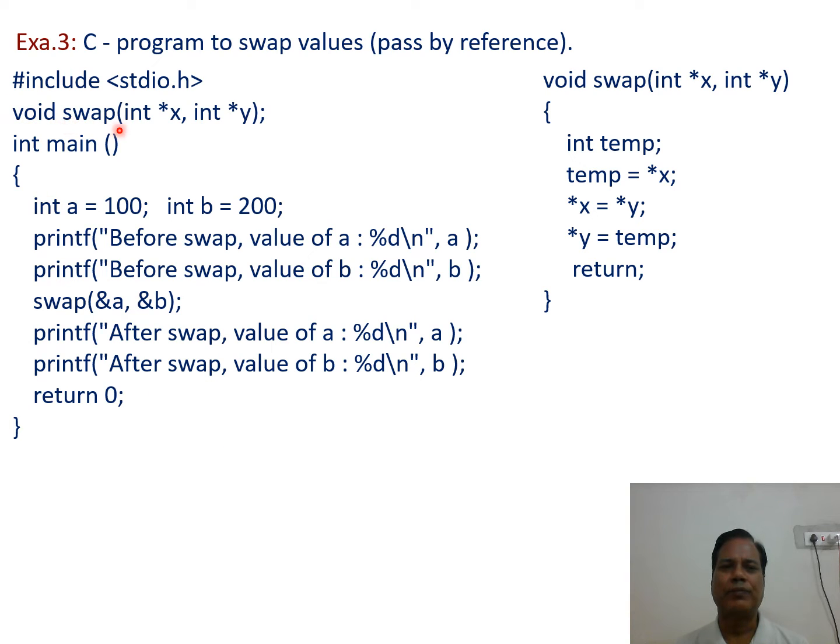void swap(int *x, int *y). So these two arguments are included in the open and close parenthesis of the swap function, and at the end there is a semicolon. So this is the prototype declaration of the swap function, and here void before function name is written.